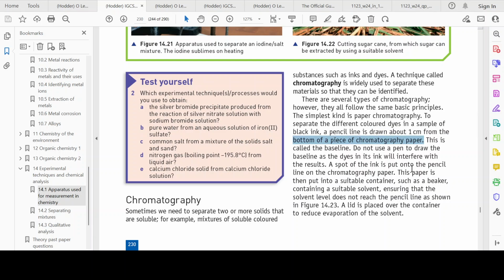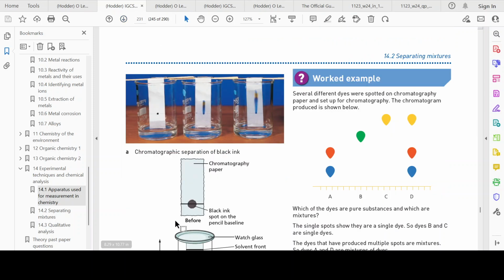It's not like you take your regular notebook paper for this. This is called the baseline, right? So we can take a look at this, right? This is the chromatography paper piece over here, and this is a line that we drew. This is called the baseline, and you put a drop or a spot of the sample on the baseline.